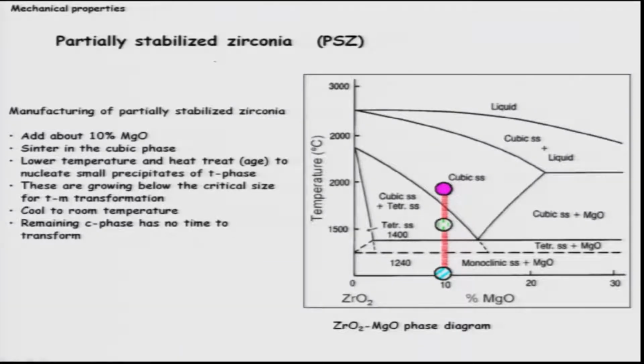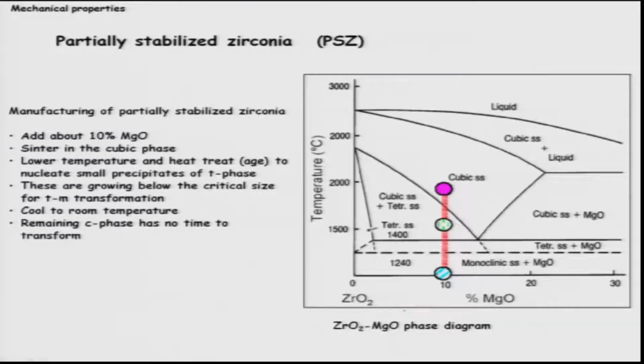Just before I go to the next lecture, let me tell you that zirconium oxide has three phases, as I told you: cubic, tetragonal and monoclinic. As you see here, this is the phase diagram for pure zirconia. Below about 1240 it is monoclinic, then the tetragonal phase exists, and finally at very high temperature the cubic phase exists. But if you add a certain second phase, like magnesium oxide here, you can stabilize the cubic phase.